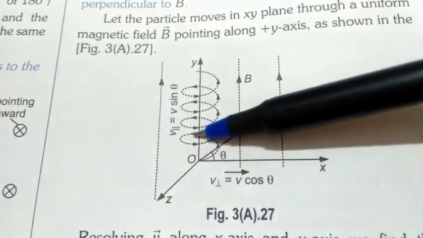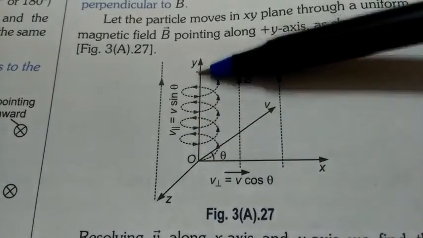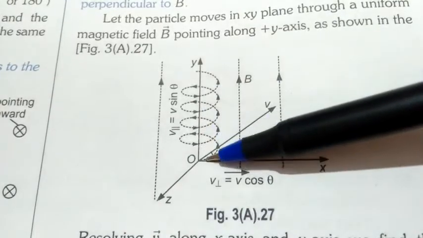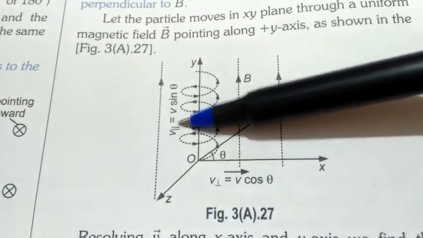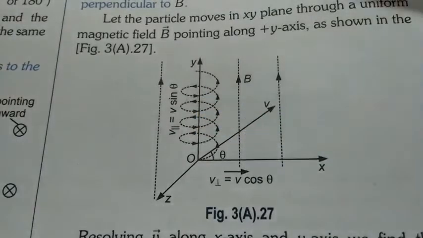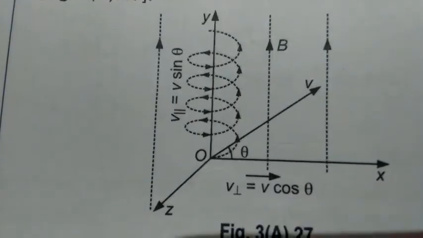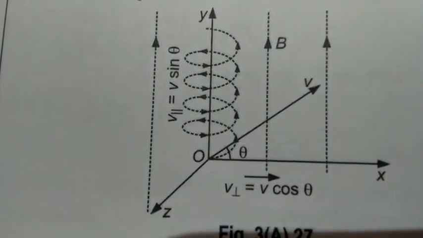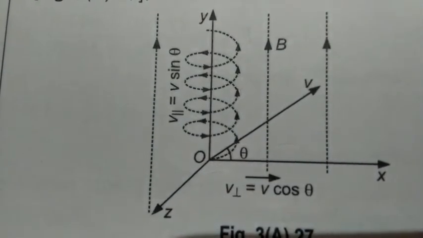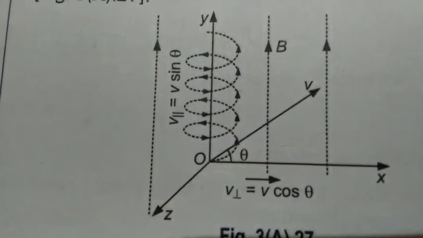So circular as well as vertical motion together work on the particle, and the particle starts moving like this. The particle will move as well as go up, so it will move in a helical path.